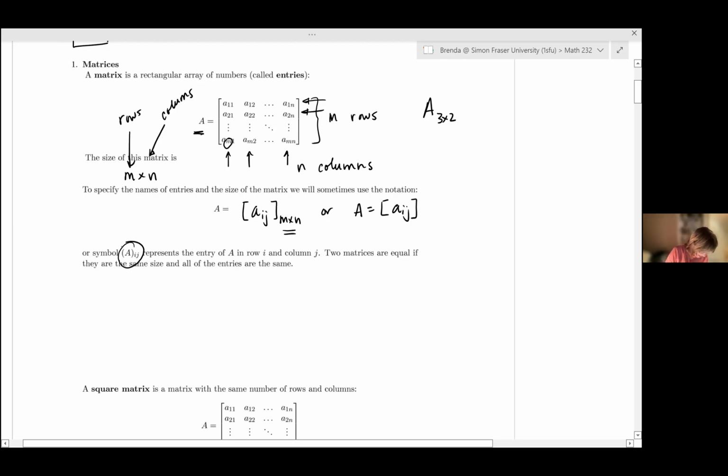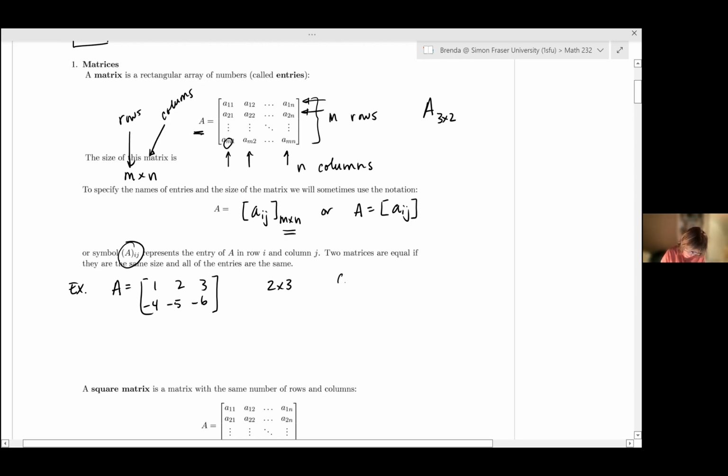Okay, let's just take a look at a couple of examples here. We imagine the matrix A looking like this: 1, 2, 3, -4, -5, -6. So this is a matrix with 2 rows and 3 columns, so this is a 2 by 3 matrix. We could indicate the individual entries in this manner.